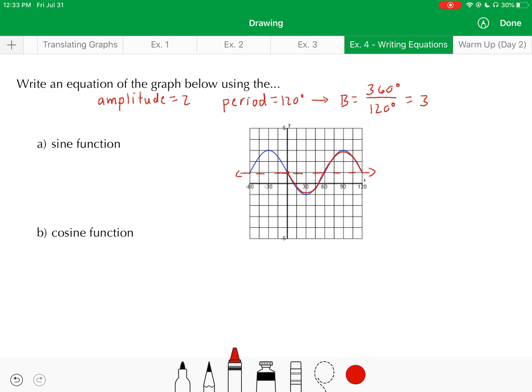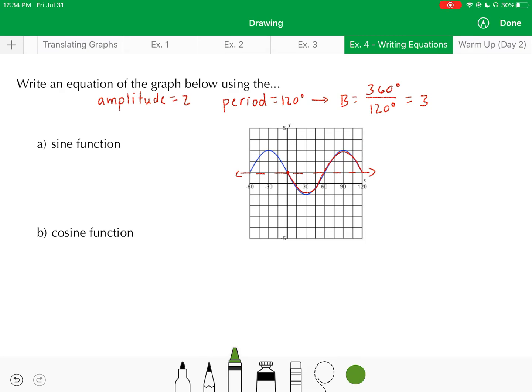Okay, so let's come up with a couple sine equations for this function first. To determine a sine equation, you have to pick a point from the curve that's on the midline itself, okay, right? Because think about the parent function for sine. The first point that we plot, first critical point, is at the origin, right?